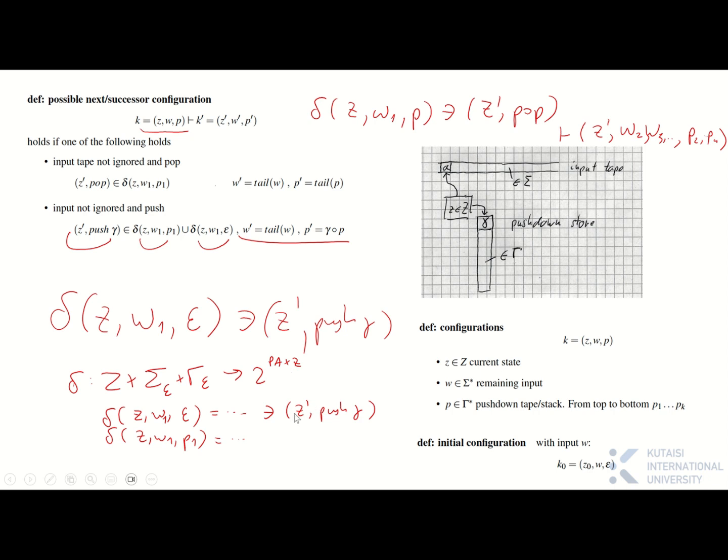Then from here you can go here. We just explained, if this set contains this specification, that means, maybe the easier one, is if this guy contains the same thing. If this guy contains this, it means that in state Z, when I see W1 and I see P1, I can go to Z prime and push gamma. However, if this guy contains this, I can basically get to the same place exactly, but specifying it from this specification.